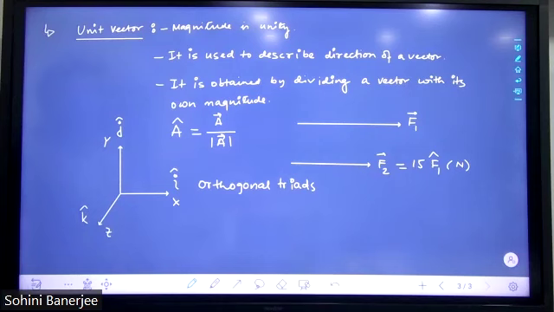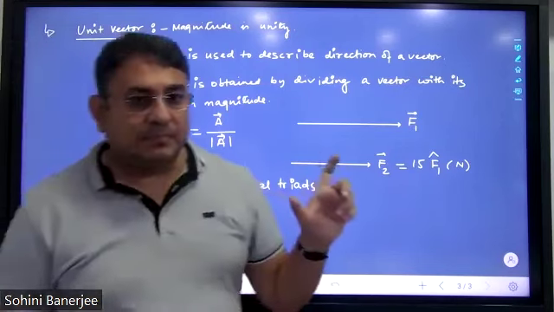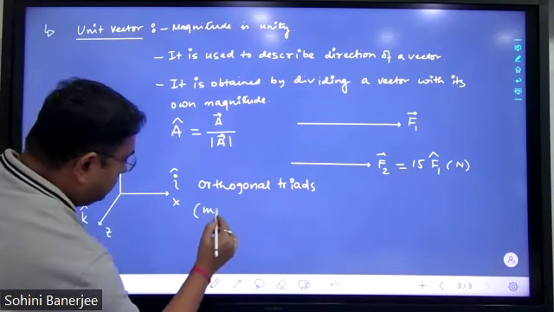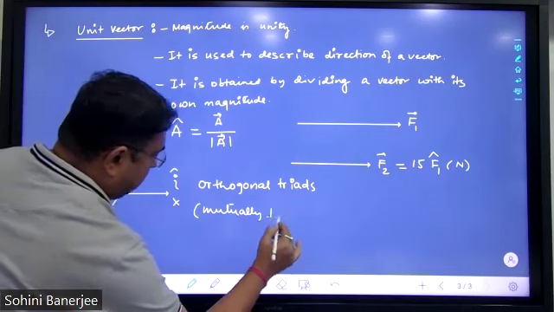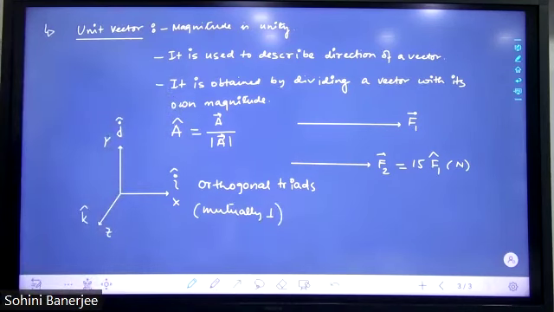So we call them orthogonal triads. Clear? Orthogonal মানে হচ্ছে mutually perpendicular. The meaning of orthogonal is perpendicular. Mutually perpendicular. Triads because 3 are there in number.